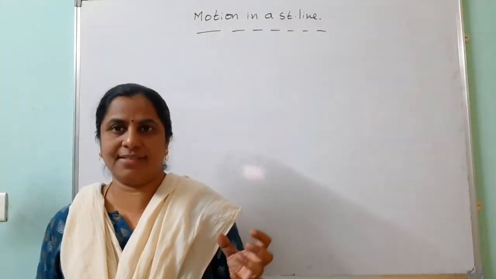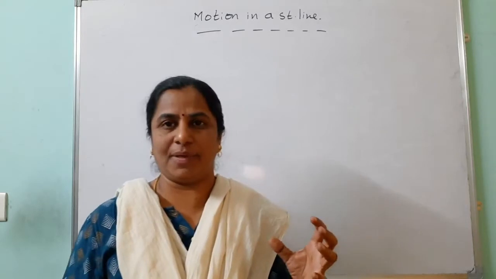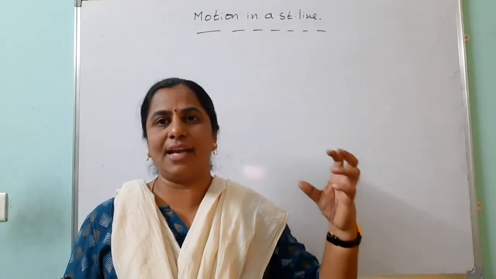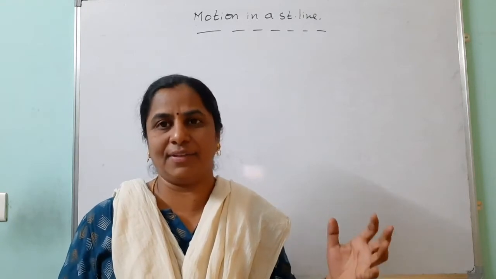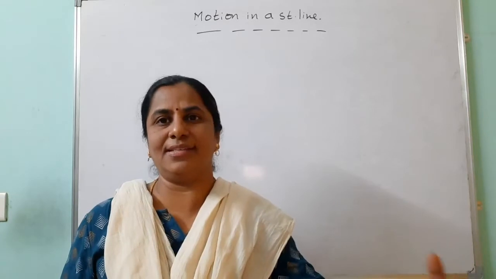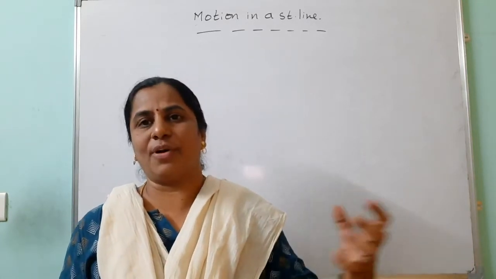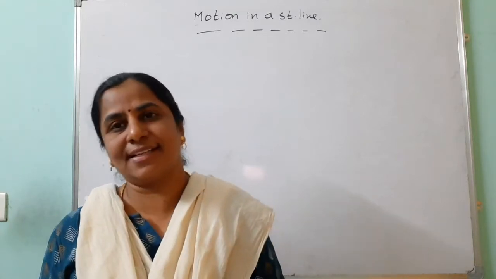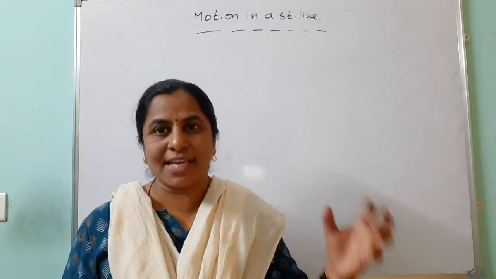The third question, we should remember properly. Is there any possibility that the velocity and acceleration both have different directions? Generally, when a body is running, or we are walking, or we consider a vehicle, acceleration and velocity both have the same direction.